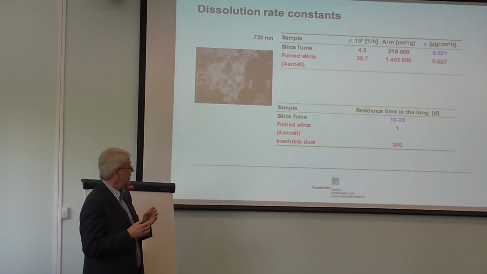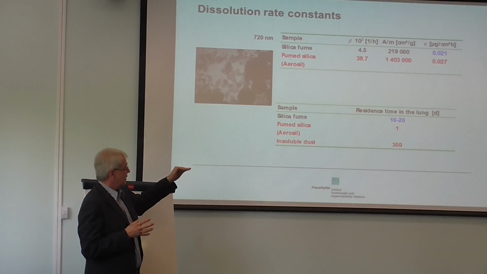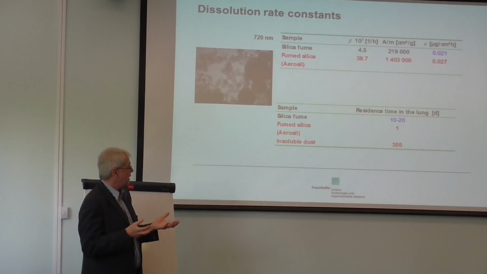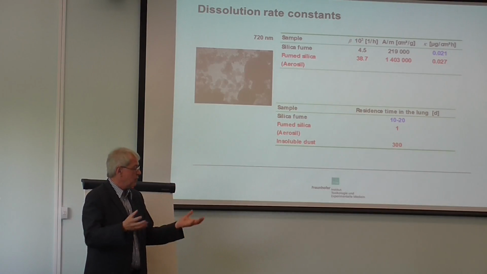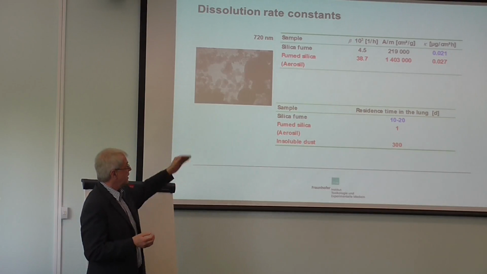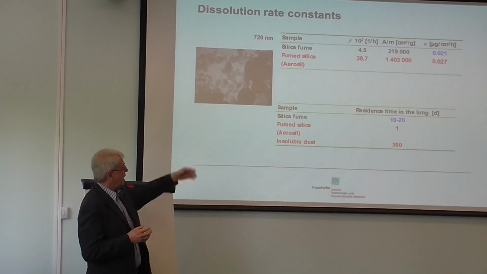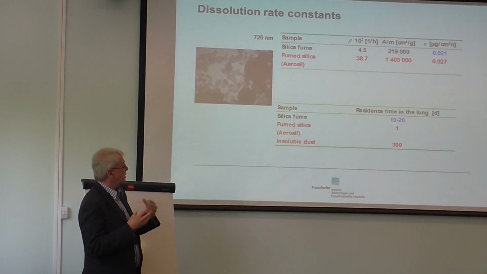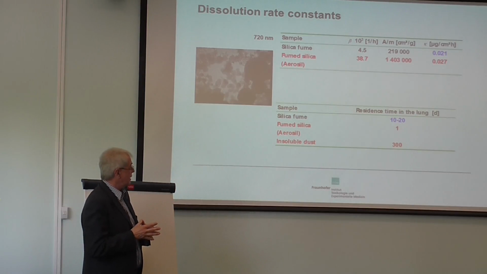As you can see here, the fumed silica, of course, with the highest dissolution rate, has the lowest residence time. So the fumed silica is only 1 day in the lung. After 1 day, it has been completely dissolved. The silica fume, of course, 10 times as much, because the dissolution rate is much smaller, so of the order of 10 to 20 days.